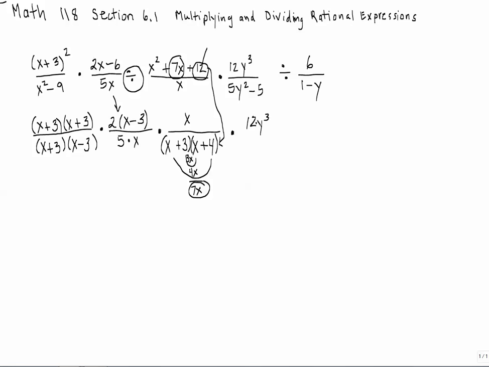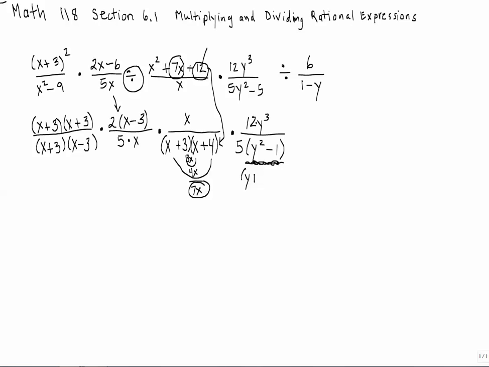Continue. Now I have 12y to the third, which is the same thing as 12 times y to the third, and that's over 5y squared minus 5. I can factor out a 5, and I'm left with y squared minus 1. Oh, I'm going to be able to factor this again. Y squared minus 1 is the difference of two squares.